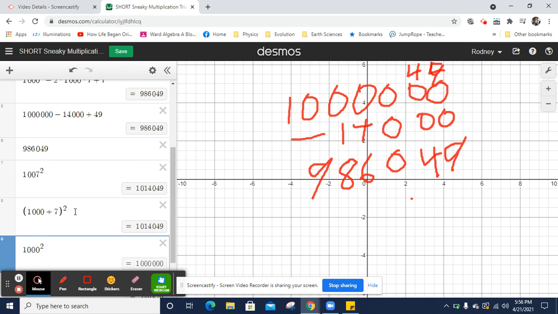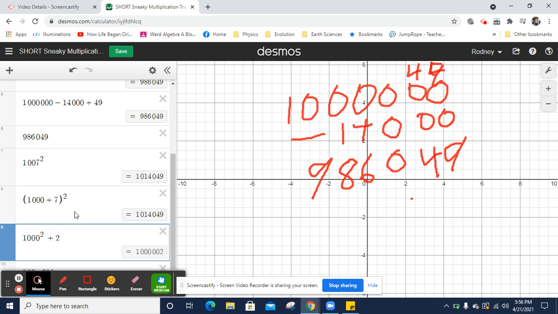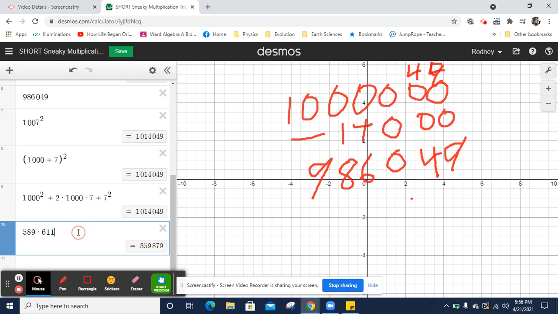And this time it'll be plus 2ab, so plus 2 times 1,000 times 7, and then plus 7 squared. And we would be able to work that out reasonably easy. A million plus 14,000 plus 49 is 1,014,049, which is what that gave us. Okay, so that one you can even mental math. When it's subtraction, it takes maybe a little bit more doing.